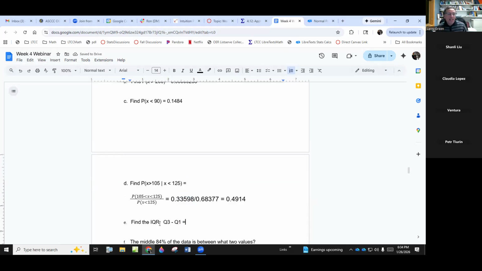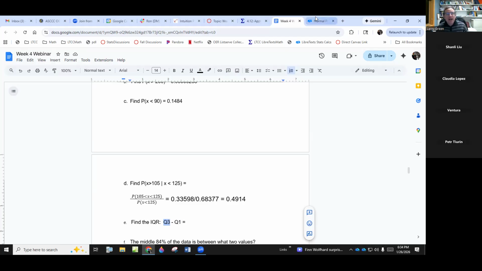Let's find the IQR, interquartile range. And if you remember, that was Q3 minus Q1. Do you remember what Q3 means? Yeah, what it means is that there's a 75% probability of being less than that value.